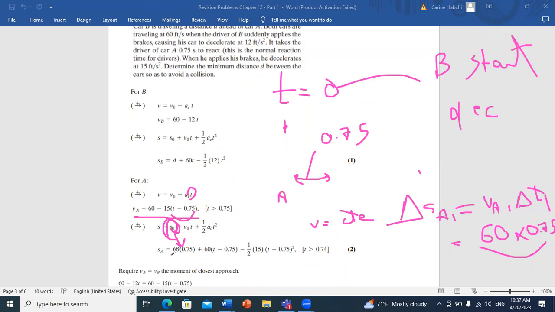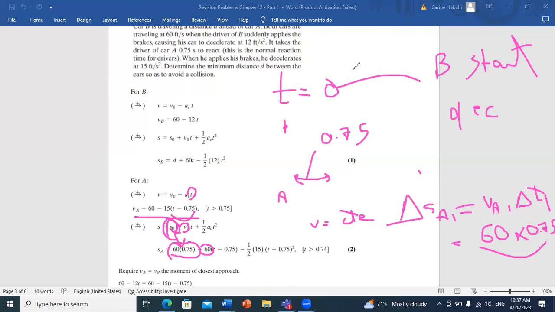So this is for phase 2, this is the initial condition, S0. So this is the position of A when he started pressing the brakes, plus what is the initial velocity at this time? He is at 60. When he noticed he had to press the brakes and started pressing, his velocity was 60.